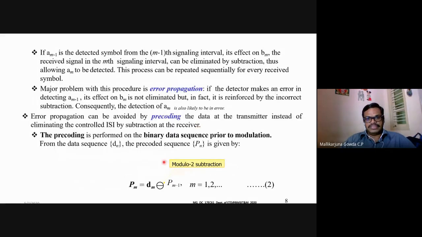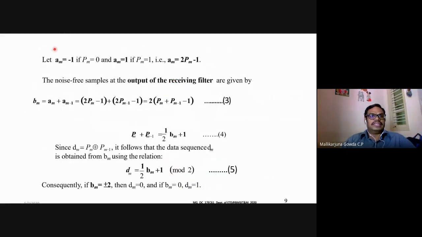The pre-coded sequence: Pm is equal to Dm, the data sequence, modulo 2 subtracted with Pm minus 1. Modulo 2 subtraction and modulo 2 addition are the same. And this is the previous coded sequence. For binary, as I said, let Am be equal to minus 1 if Pm is equal to 0.